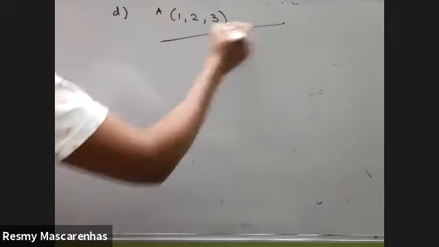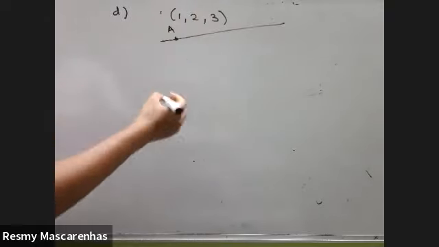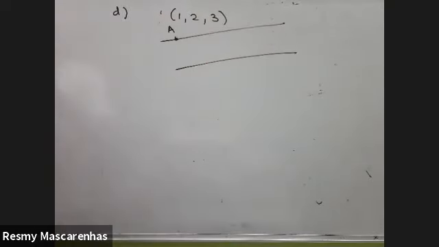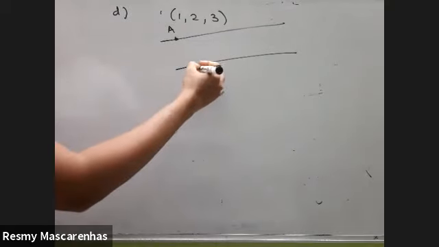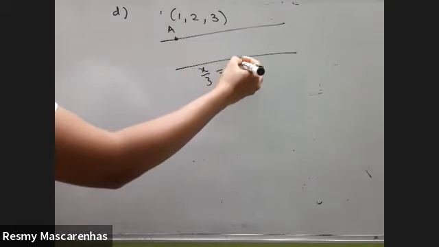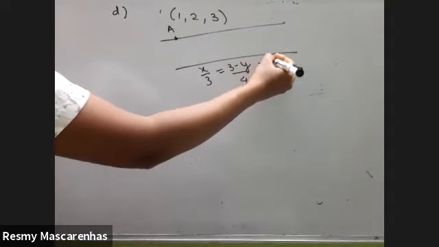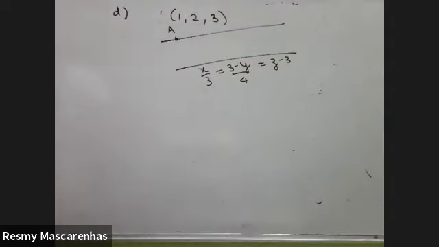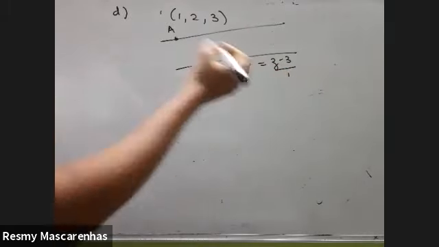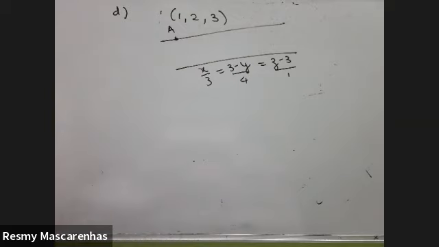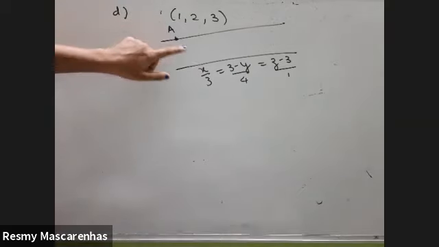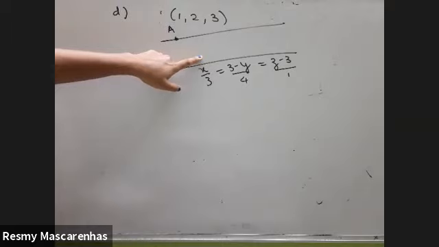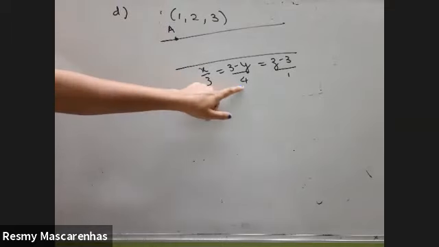It is given as parallel to the line shown. The point we already got. If nothing is there, it means it is 1 always. Now we have to find the direction ratios of this line. Direction ratios, I told you, are always in the denominator.